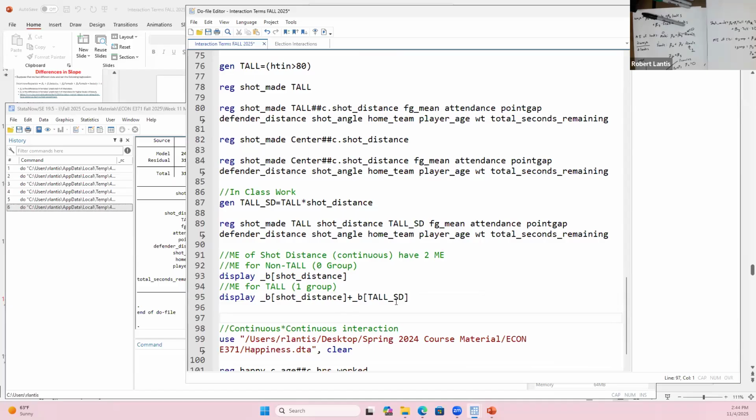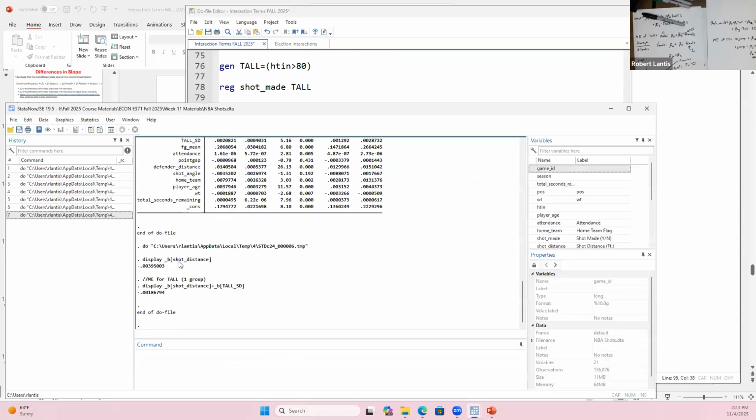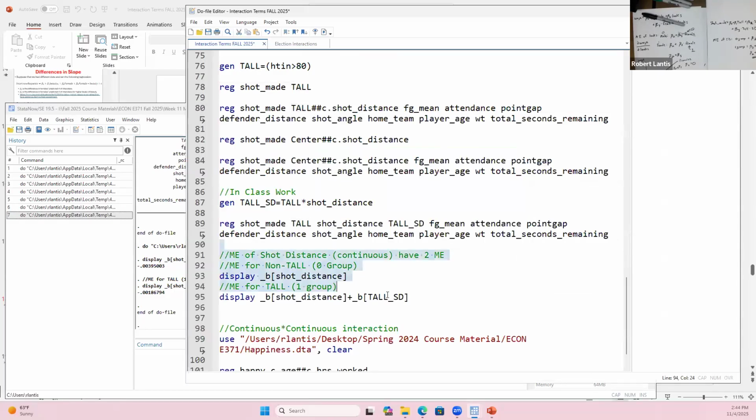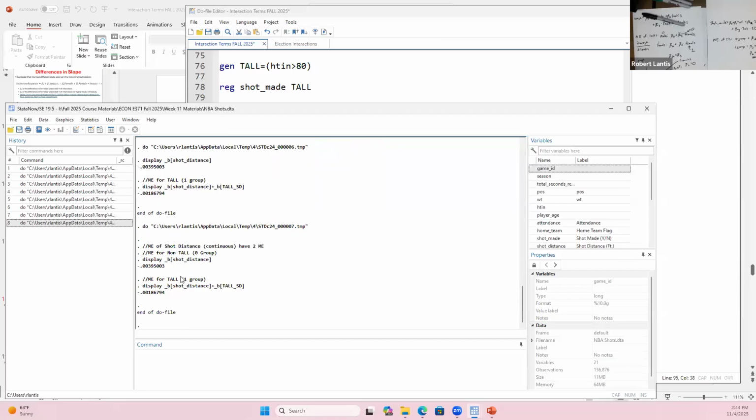And so then if I've already run the regression, when I run these display commands, they essentially would just tell me, and this is where if I've added in comments, it reminds me, oh, whoops, except I didn't select the comment here. So let's select all of this. Okay, here's the marginal effect for the non-tall group. And here's the marginal effect for the tall group. It's a little bit smaller.